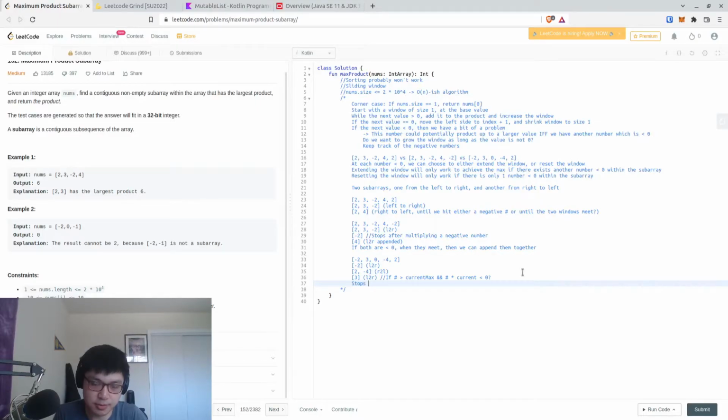Stops once we reset the window to negative 4 after jumping the 0. It seems like an interesting approach. It might work. I'm just a little bit apprehensive about the cases.